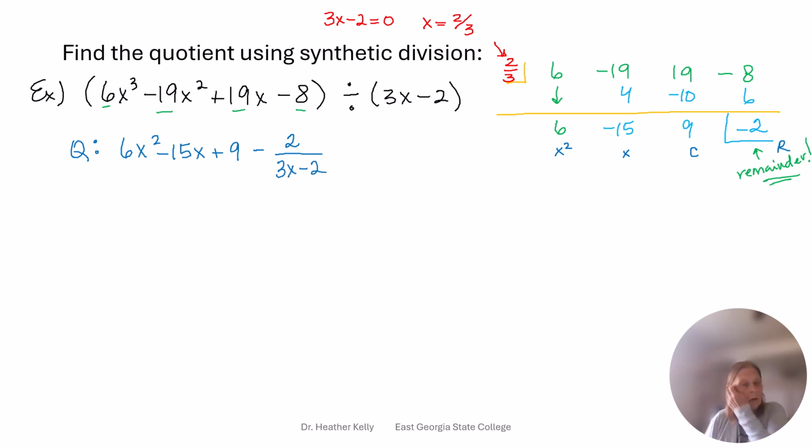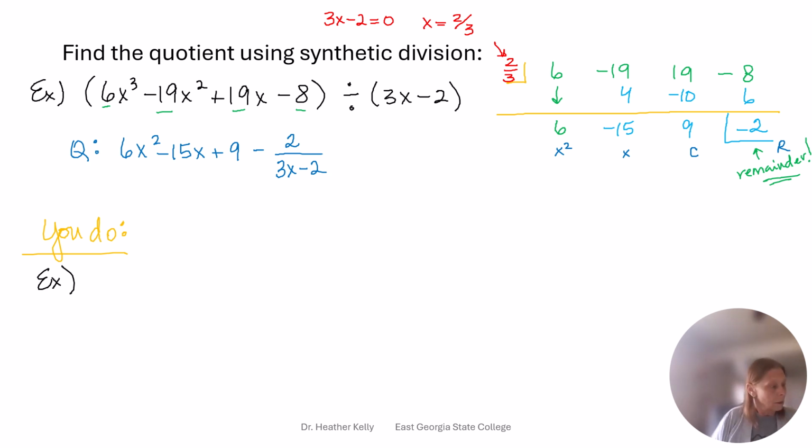Okay, now we're not going to get in the weeds too deep with this. We're going to use synthetic division as a tool, checking for remainders and such. Let's give you your first do. So here I just want you to do this division.